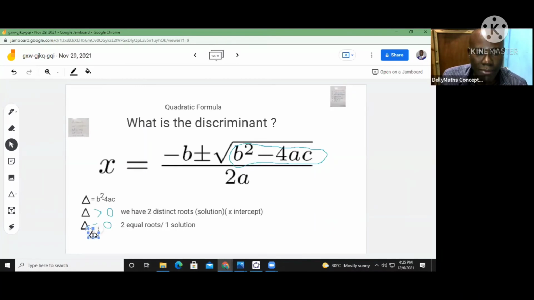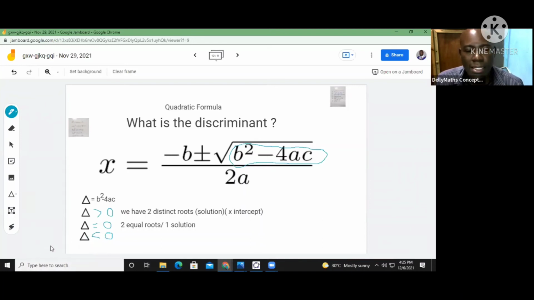There are times when the discriminant is less than 0.